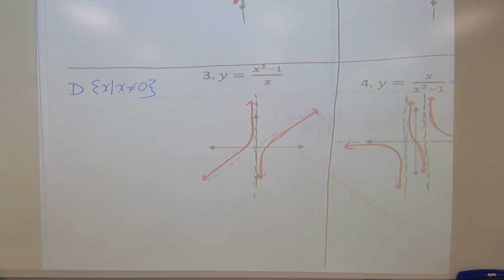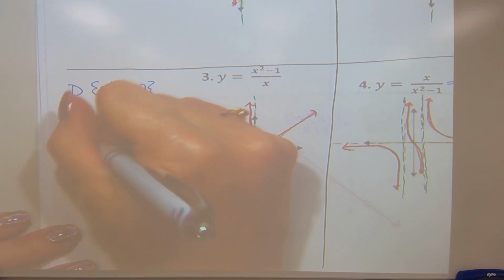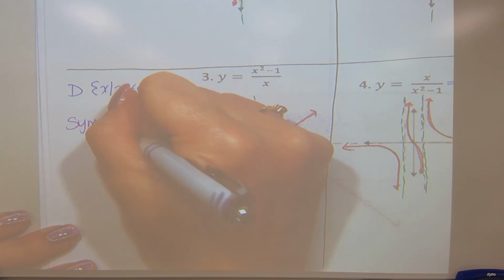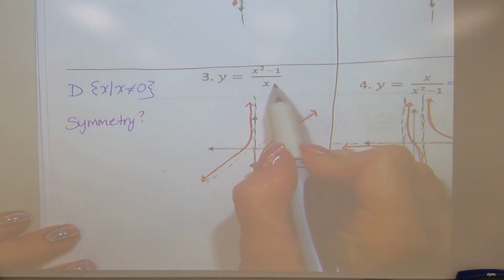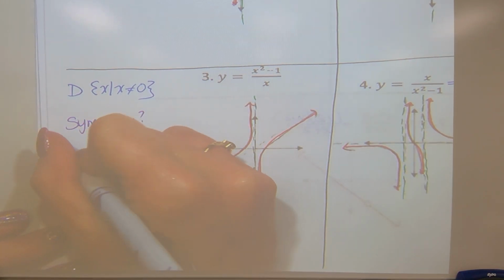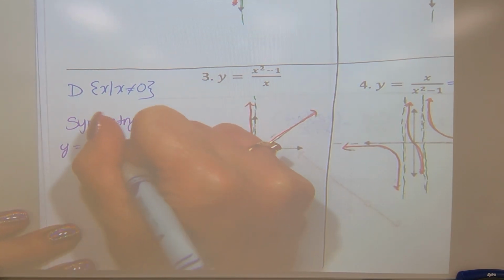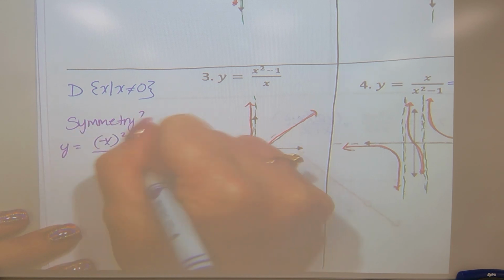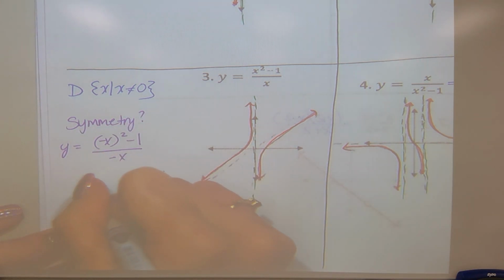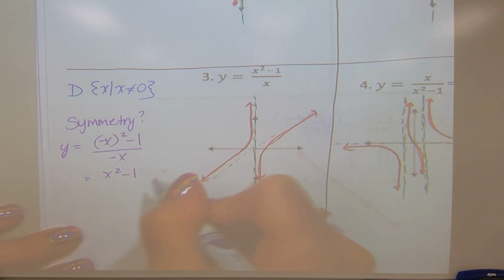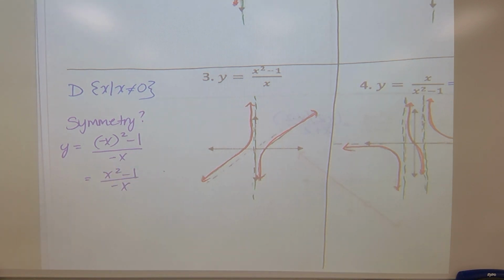So let's do our symmetry test by plugging in a negative x anywhere I have an x. If I plug in a negative x, I have a negative x squared minus 1 over a negative x. Well, that numerator becomes x squared minus 1. It didn't change. The denominator is negative instead of positive.